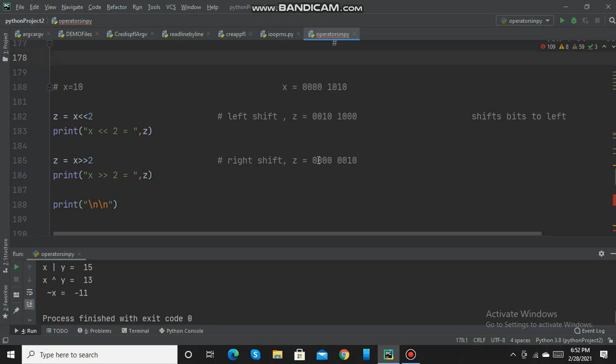The right shift means it will shift 2 positions to the right. That is, this is the value of x. So this 1 will be shifted 2 positions to the right, that is, it will become here. And from the left, 2 positions will be padded with zeros. So it will be like this.